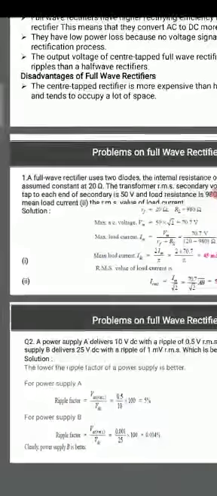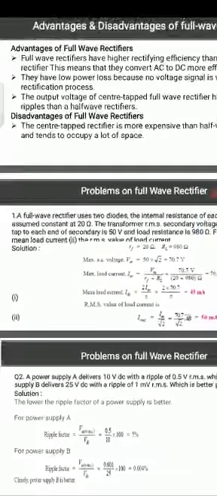So VAC RMS in power supply A: power supply A delivers 10 volts and RMS is 0.5. So 0.5 by 10 into 100 is 5% ripple factor when the power supply A delivers 10 volts and 0.5 RMS voltage.